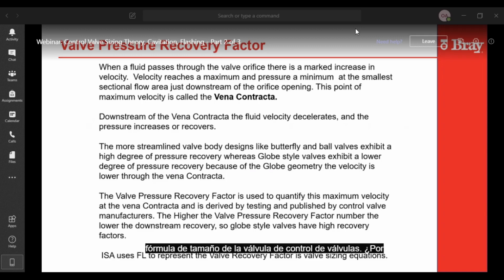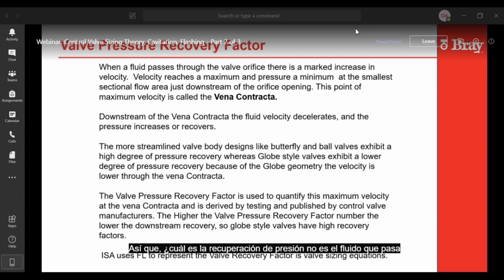Because the pressure recovery factor says how much pressure drop a control valve can take before the liquid going through it would cavitate, and that number is very important. It is determined by testing, and it also depends on the geometry of the specific control valve.